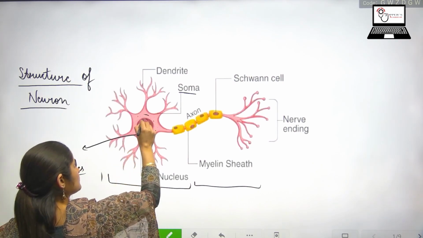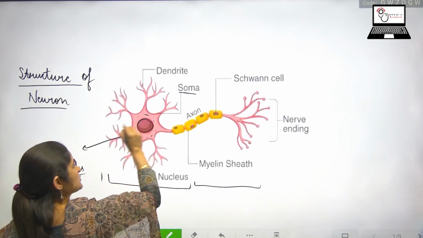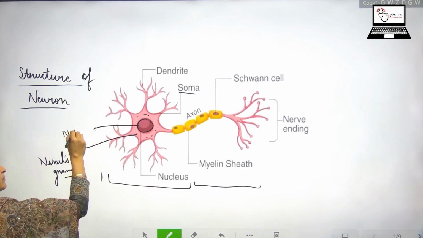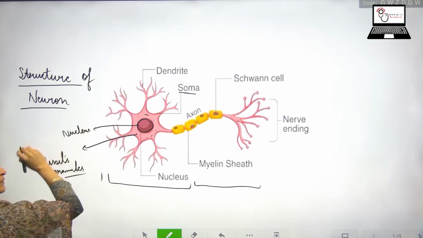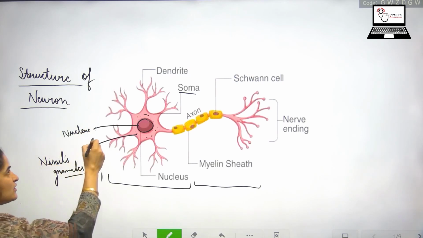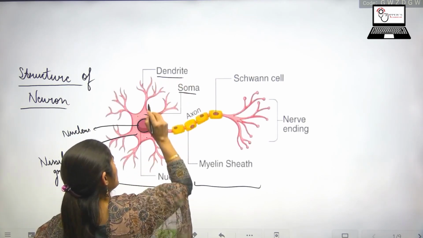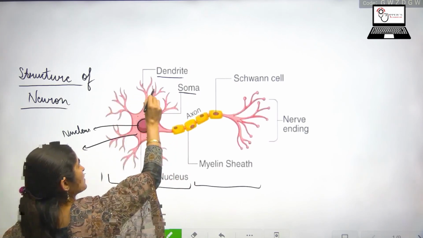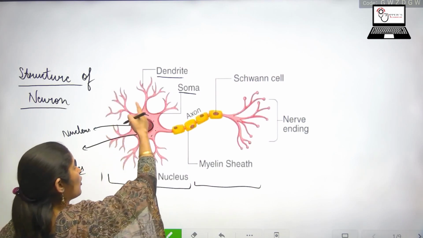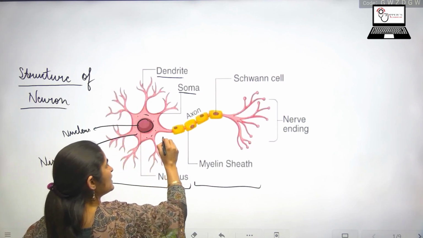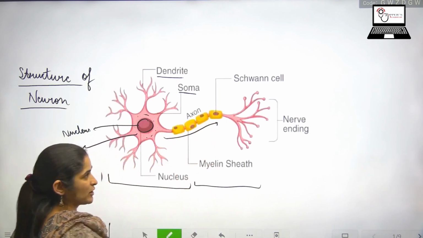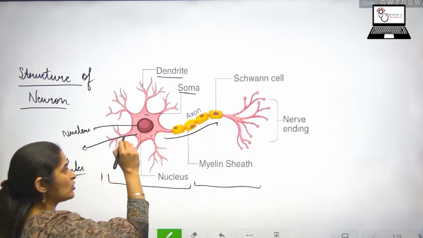In the center of the soma, the nucleus is present, and here small dendrites are present on the cell body. Out of all these dendrites, one dendrite is elongated to form the axon fiber.